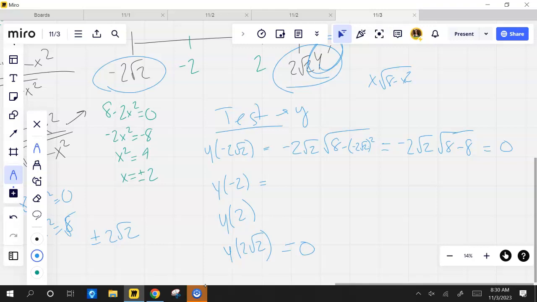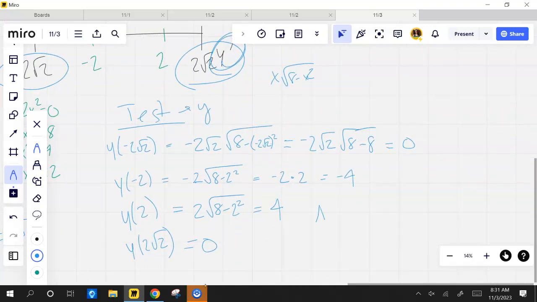These are the endpoints. Now if I do negative 2 times the square root of 8 minus 2 squared, that would be negative 2 times 8 minus 4, which is 4. And this is 2 times the square root of 8 minus 2 squared, which would be positive. What do we have?